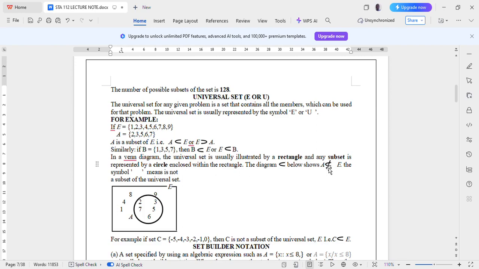So this symbol shows that. Let me bring this here.